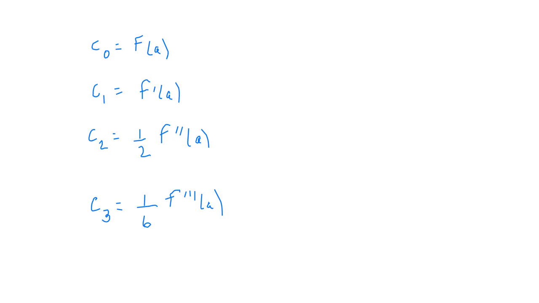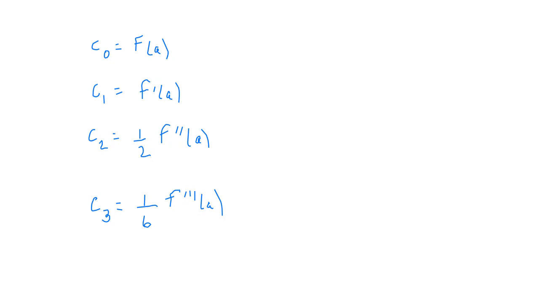I'll show you in the book, but the third coefficient is going to turn out to be 1/6 times the third derivative of the function evaluated at a. If we go to the book, let me see here.